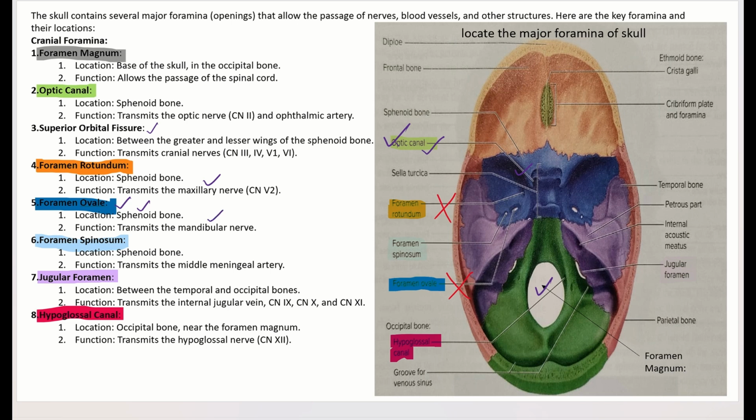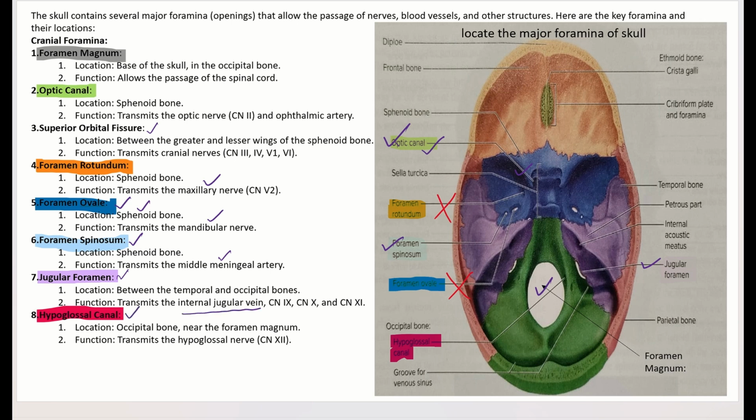The sixth one is the foramen spinosum. The foramen spinosum is also located in the sphenoid bone, and it transmits the middle meningeal artery. The seventh one is the jugular foramen. The jugular foramen is located between the temporal and the occipital bone, and it transmits the internal jugular vein.